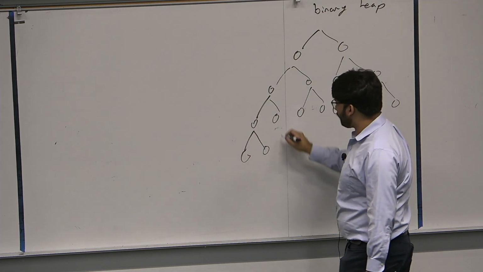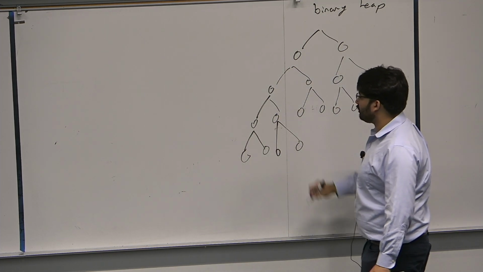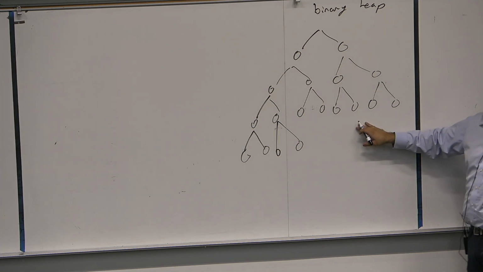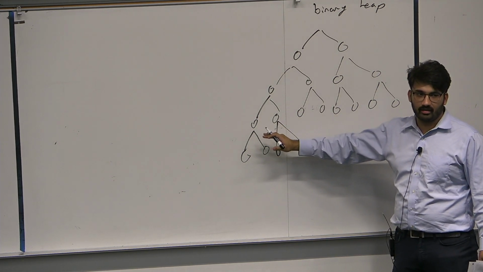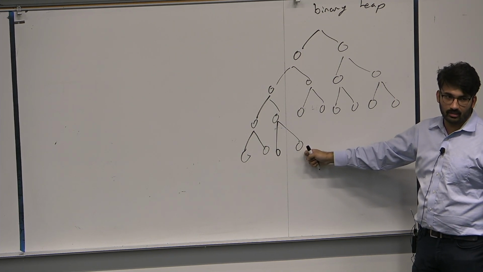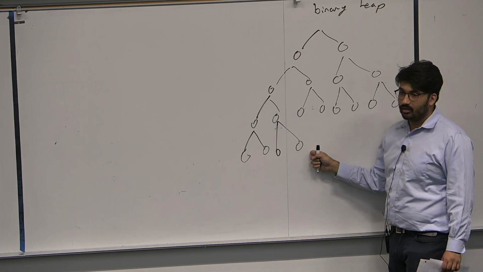Now, if your number of elements is not a power of 2, that's okay. The way the heap will work is that the last row will have as many things as it can, shifted to the left, right? So the last row's rightmost element will be the last element in the quote-unquote heap.